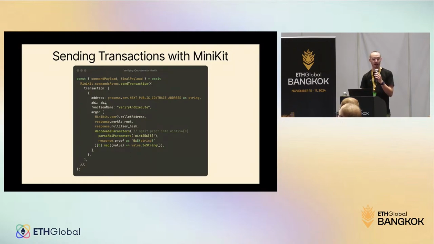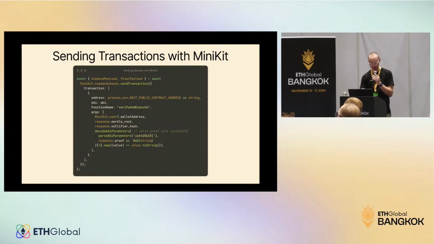You'll have the ABI of that contract, which you can either import or just define inline if you really want to. You'll have the function name, right? Verify and execute as we had in our contract. And then you'll put in all of the arguments for that function that you're calling. So in this case, for verify and execute, we have the wallet address of the user as the signal.